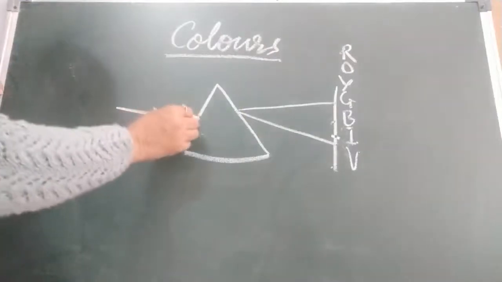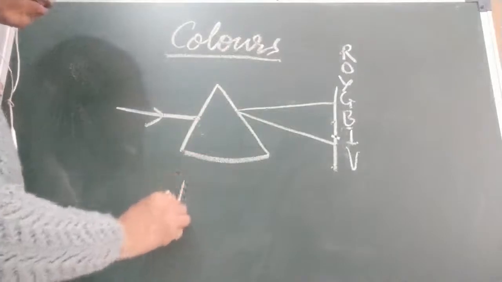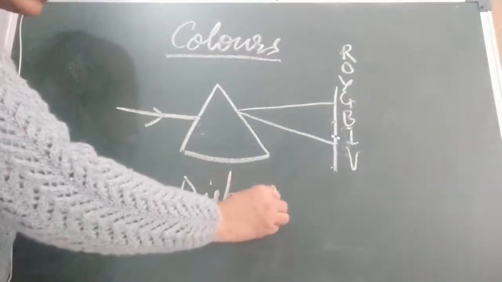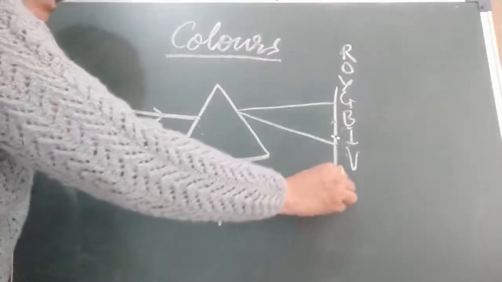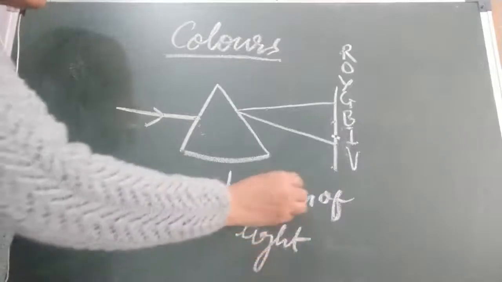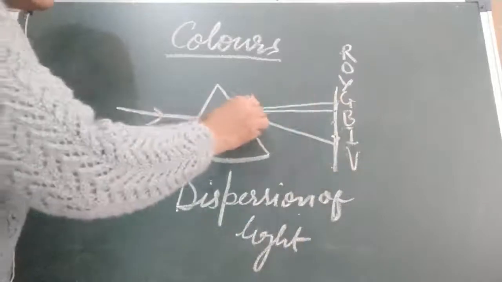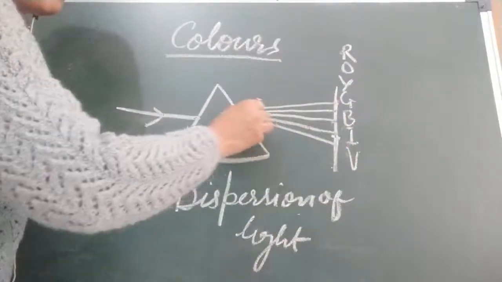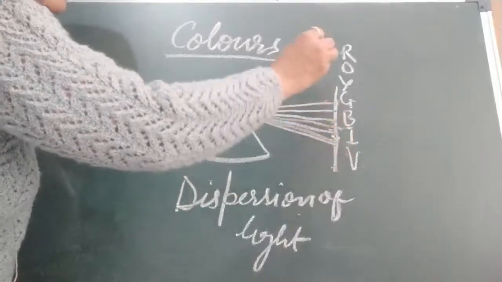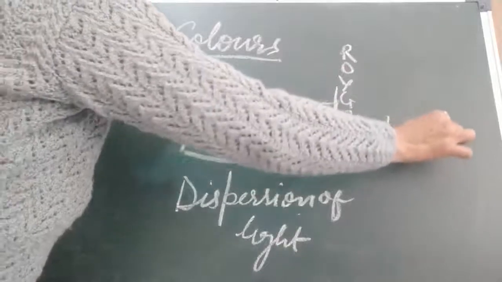And this splitting of white light into 7 colors is called dispersion of light. Dispersion of light means light is splitting into 7 colors, and the band of 7 colors is called spectrum. Okay, children?